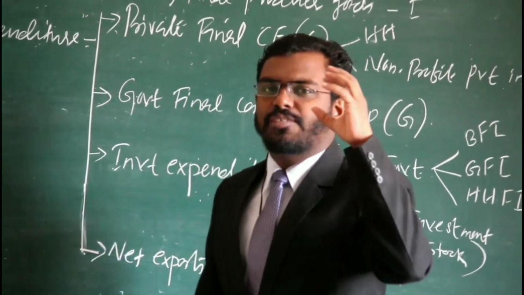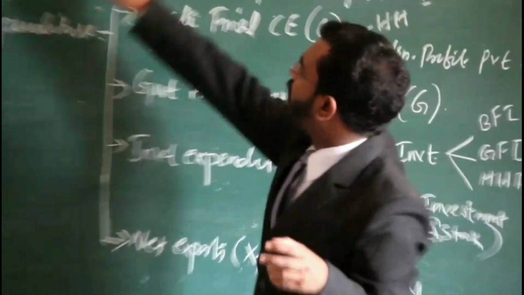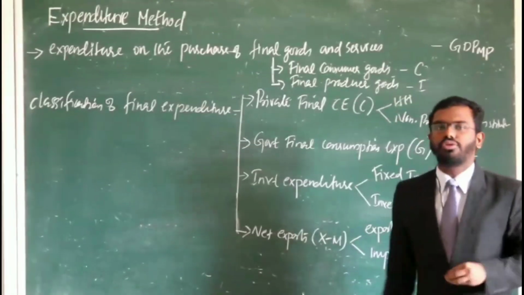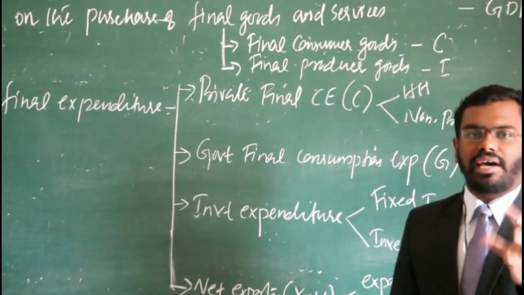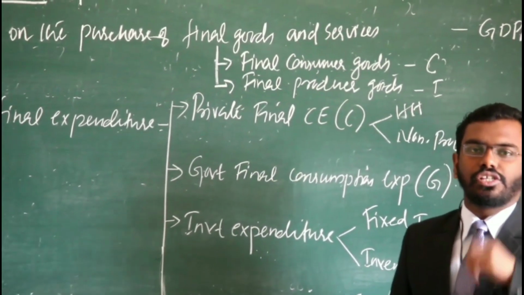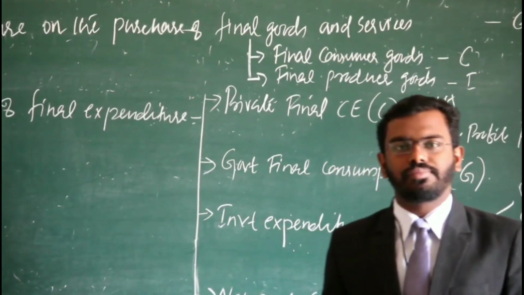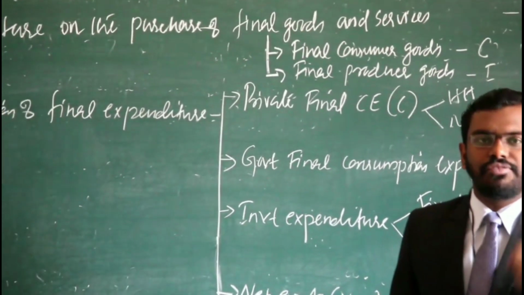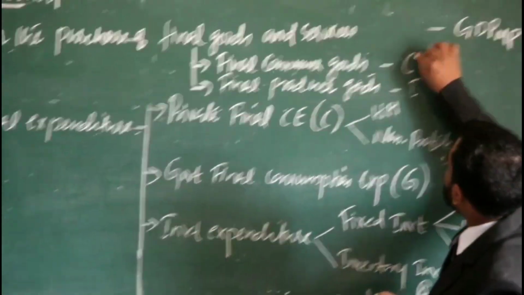The total expenditure made by economic units on final goods, that is final consumer goods and final producer goods, is known as national income. What is the expenditure made on final consumer goods? If we spend money for purchasing a final consumer good, the name of that expenditure is consumption.